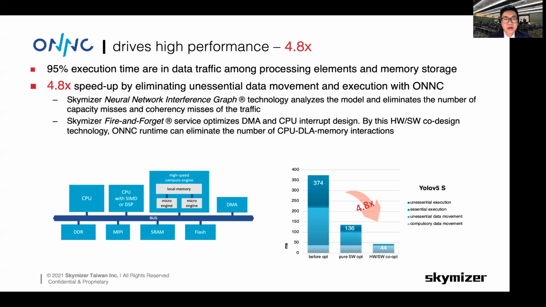Let's take a look. ONNC is not only a compiler, not only software, it's a hardware-aware, especially architecture-aware compiler, which means we can deeply understand the communication in the SoC. As you can see, 95% of execution time is actually spent on communication between different components in the SoC, like between SRAM and the memory, and between memory and DLA.